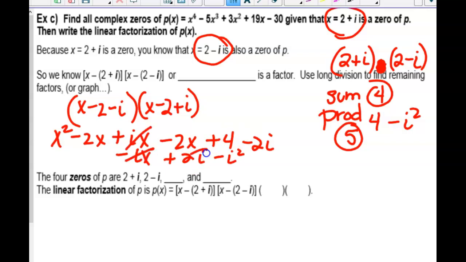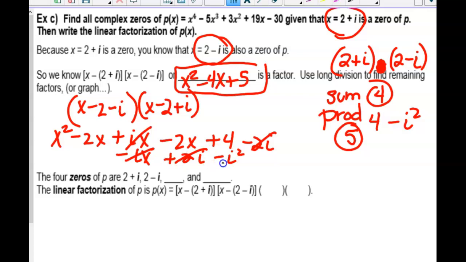These would cancel out, these would cancel out. I'd have an x squared, minus 2x and minus 2x is minus 4x, and 4 minus i squared is positive 5. Is that what we got over here? Opposite of the sum and the product? Okay. So you don't have to do it this way.